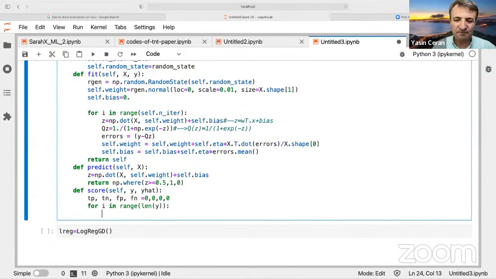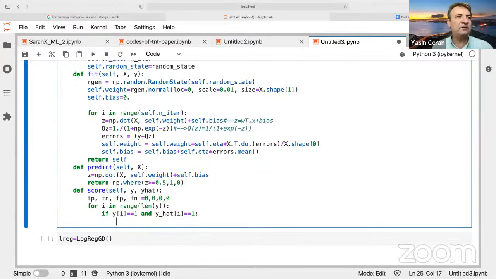Again, you can do this in a much better way. If yi is 1 and y hat is 1, then true positive is true positive plus 1. That means I got a true positive.